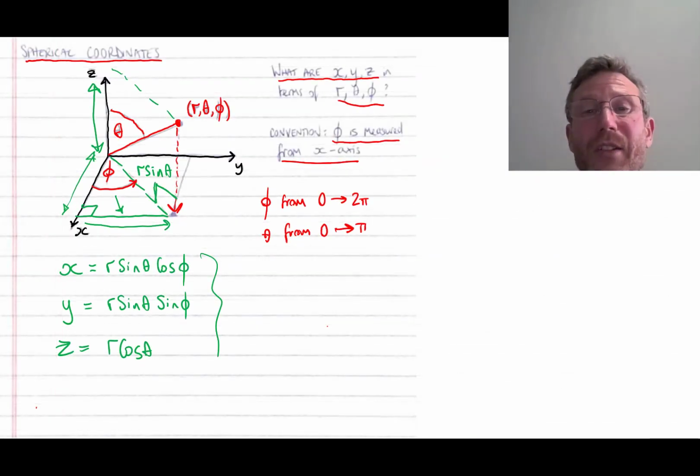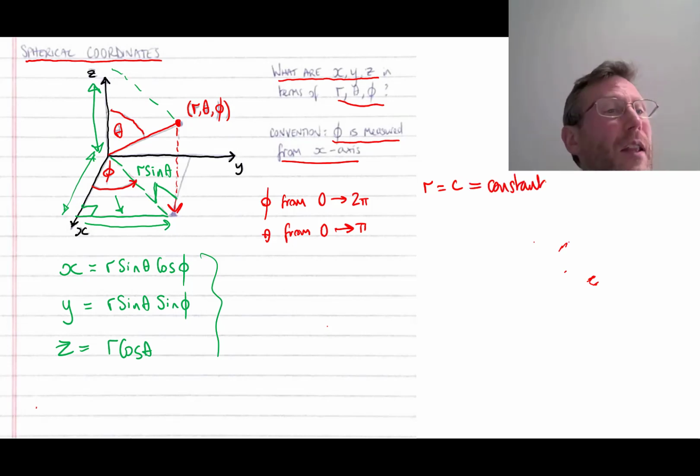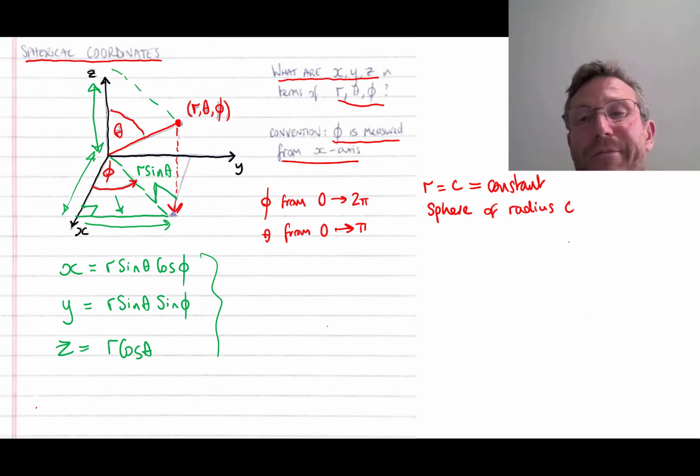We can also recognize that in this particular case, r is a constant. So let's say r equals c, which is a constant. And that means that really we have a sphere of radius c, or r, centered at the origin.